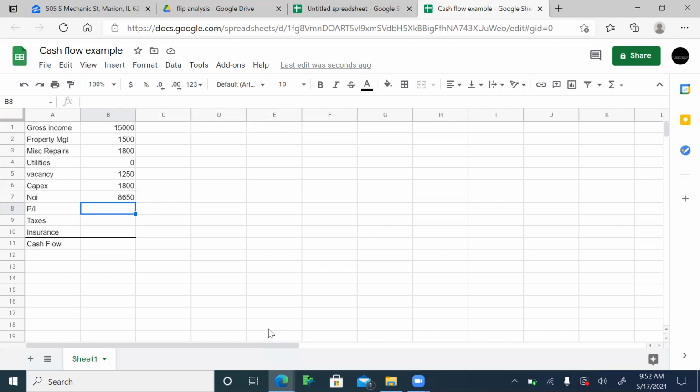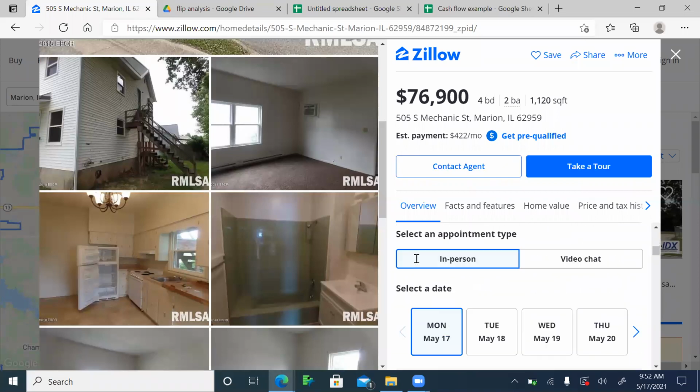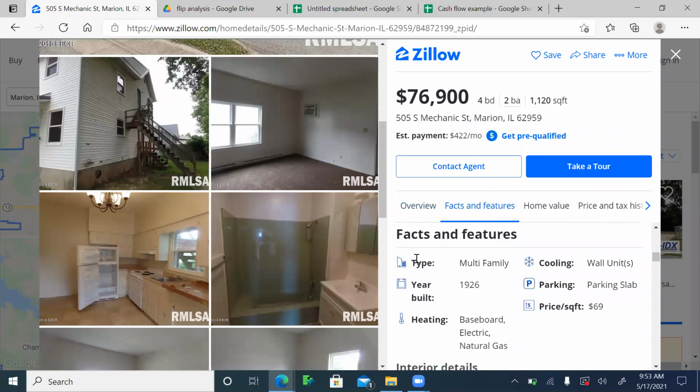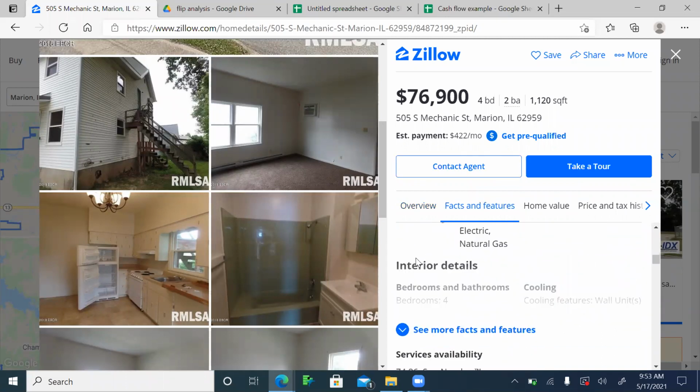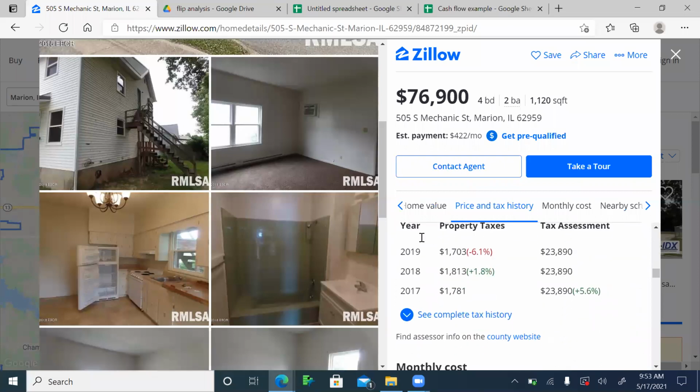payment comes out to about $456 a month. So $456 times 12 gets me about $5,000. The taxes on this property are disclosed somewhere in here. I believe it was down towards the bottom.